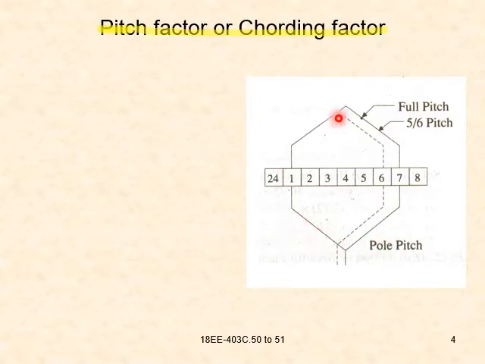If you observe the diagram, the conductors are numbered 1, 2, 3, 4, 5, 6, 7, 8, 9 and so on to 24. Then 1 goes to 7, then 7 goes to 1, and so on. This 1 to 7 will be the full pitch, that is the pole pitch.